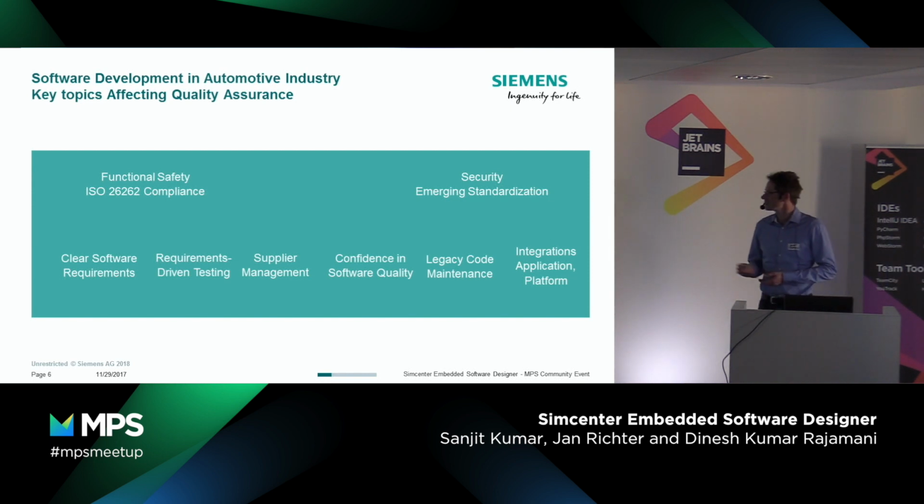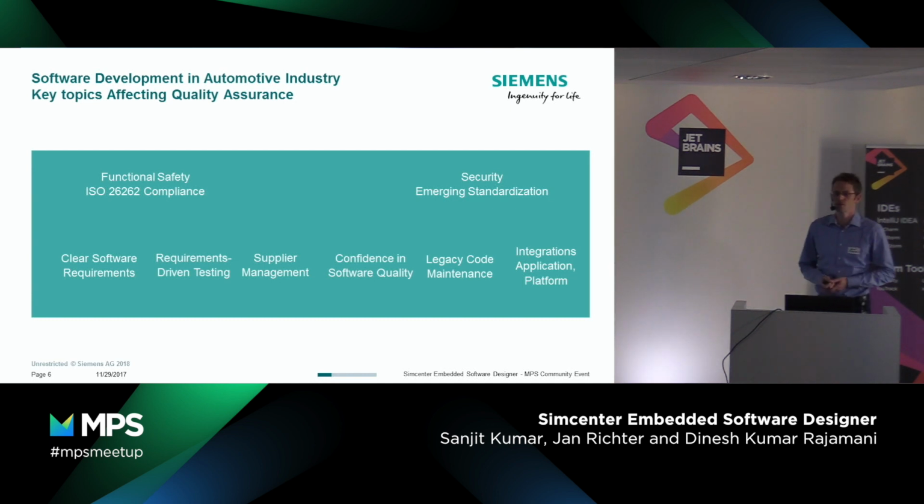So topics that interest our users, and us therefore, are clarifying software requirements, unambiguous, complete, etc. Requirements-driven testing, supplier management, confidence in software quality, maintaining legacy code. A lot of users are going towards model-based development of software, but still have a lot of legacy code. And finally, integrating application and platform software.